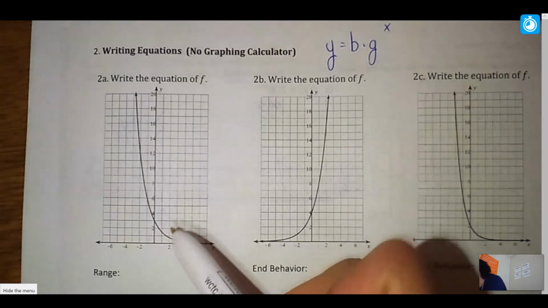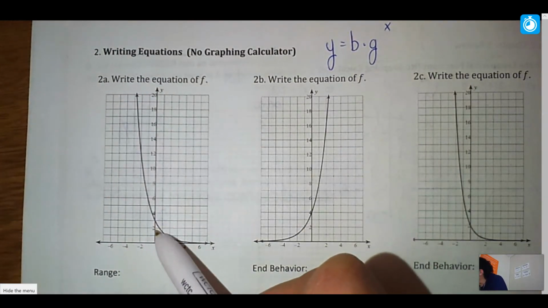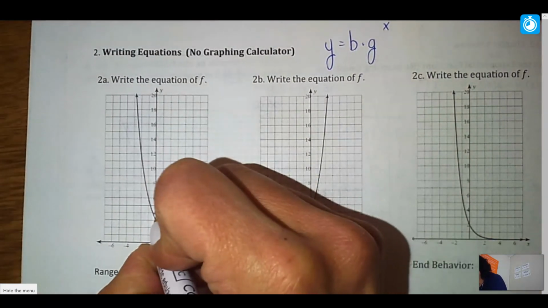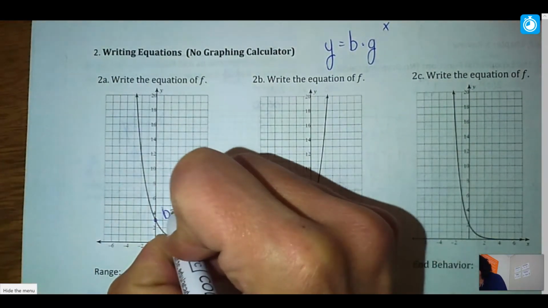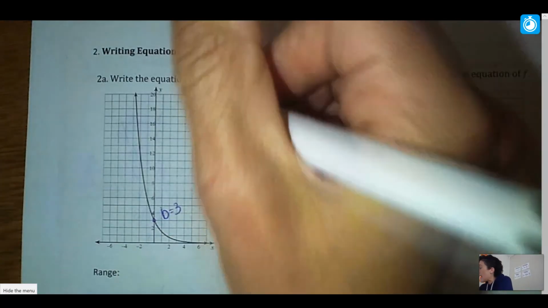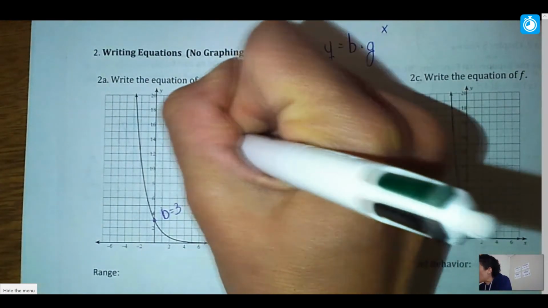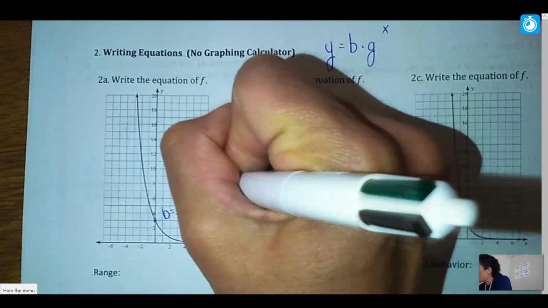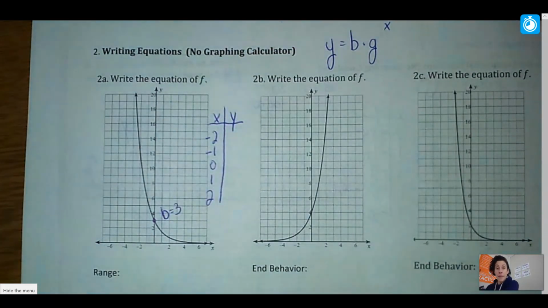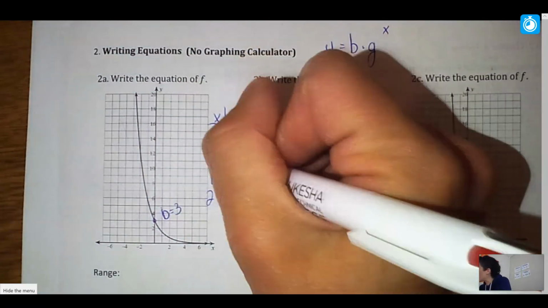So when we start with this graph, my y-intercept is right here, and that's a b value of 3. And then what might help you get the other values is to go ahead and just make that table and fill in as many values. Well, I don't think you even have to fill in as many values as you want.